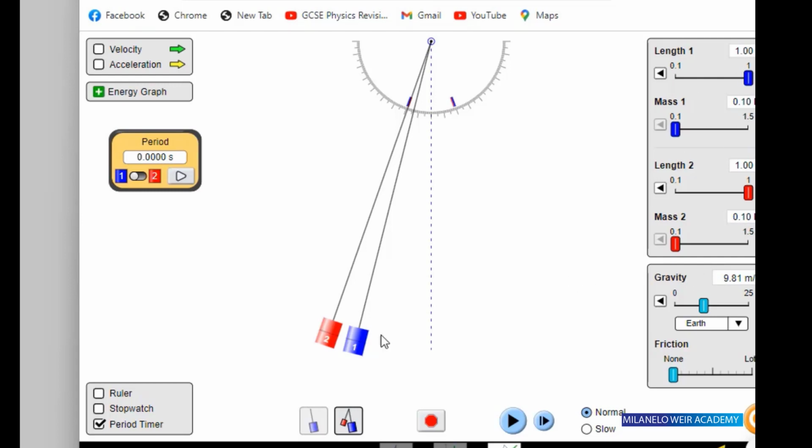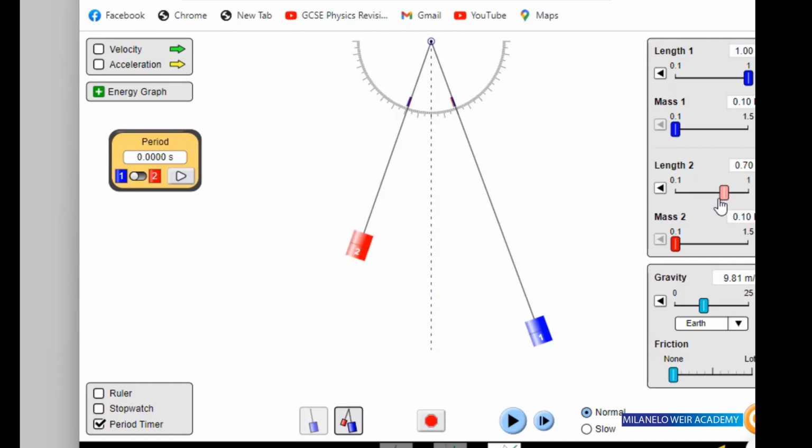The only thing that has to be different really is the, let me take an angle of 20. Let's change the length of this red one. Red is this one, so the blue is 1. Let's make this one around 50, yes, 50 is okay.